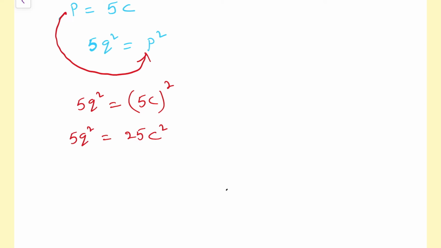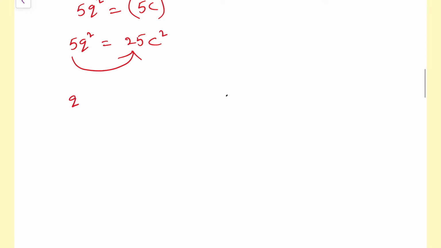Now taking 5 to the right side, we will get q square equals 25 divided by 5, c square as usual. 5 ones are 5, 5 fives are 25, so we will get q square equals 5c square.